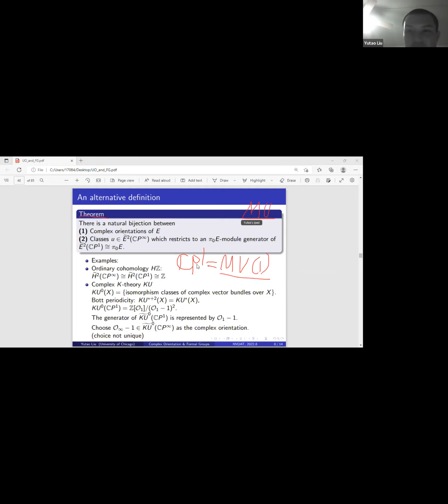And then in the next talk by Zhipeng, you will learn that MU is a universal example among all the complex oriented cohomology theories. In other words, if you have a special element in the E cohomology of CP infinity, not CP1, this further implies a map from the universal example MU back to E, which further gives E a complete complex orientation. You will know more information about this spectrum in the next talk.